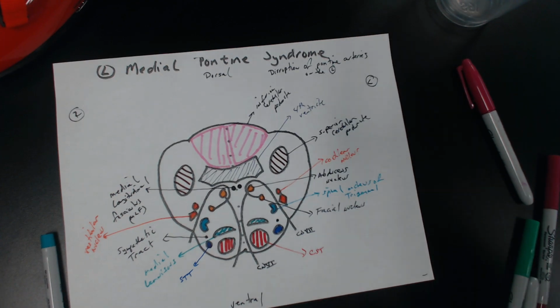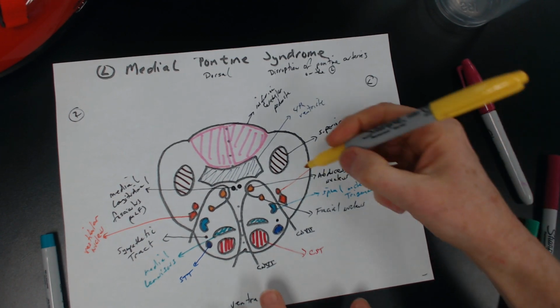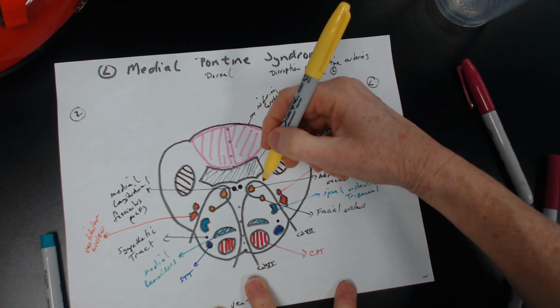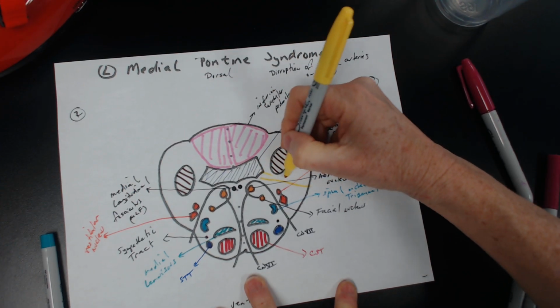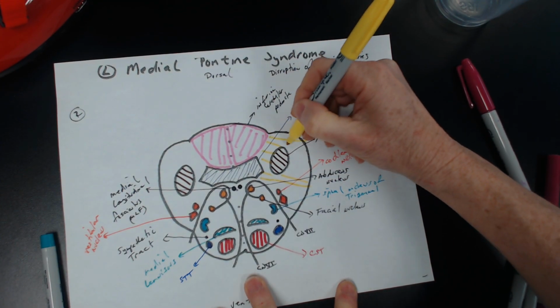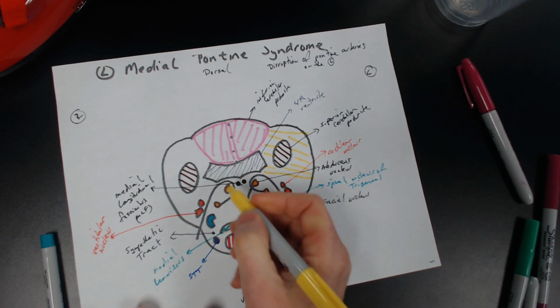Okay. And last but not least, we have this area here. This is going to be your large middle cerebellar peduncle.